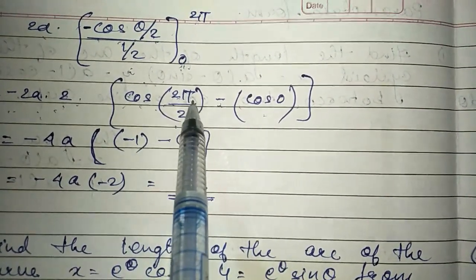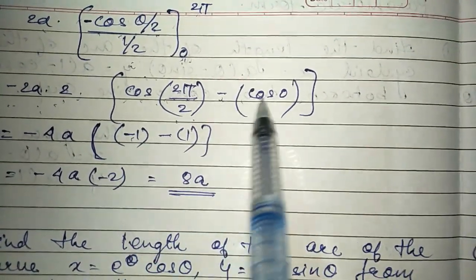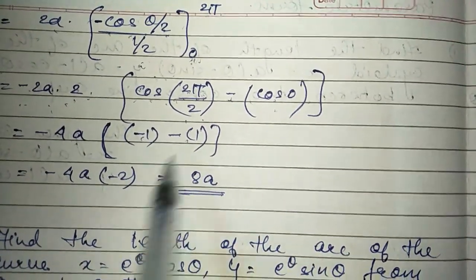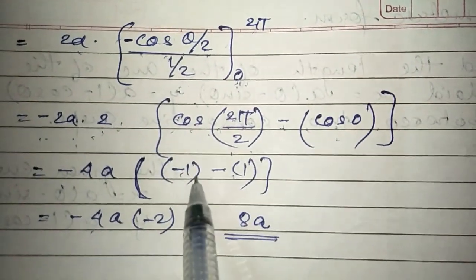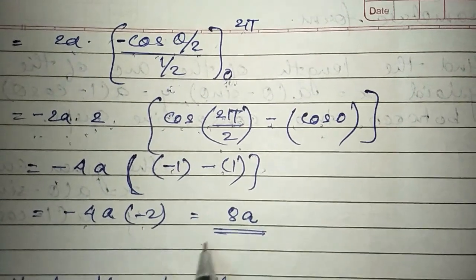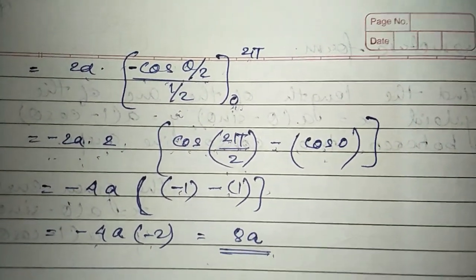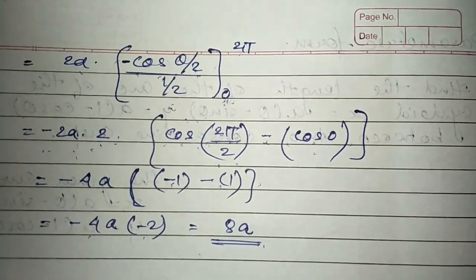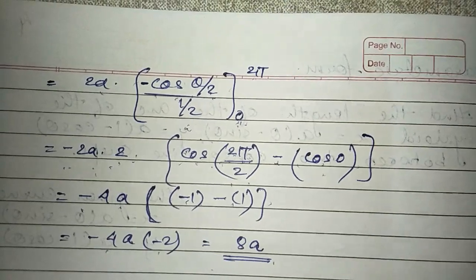This is cos of 2 pi by 2, that is cos of pi, it is minus 1, minus cos of 0 is 1. So what we have is minus 4a into minus 2. So it is 8a. That is the length of the arc between the two cusps of the cycloid. It is equal to 8a.